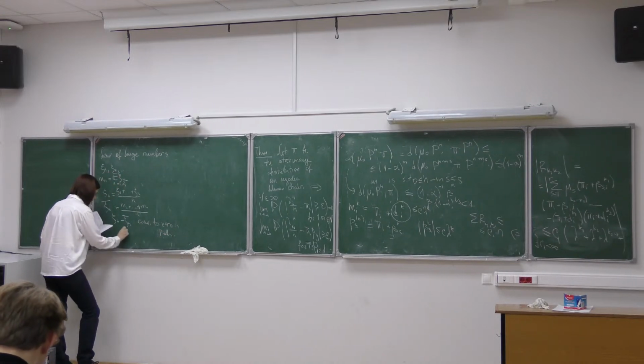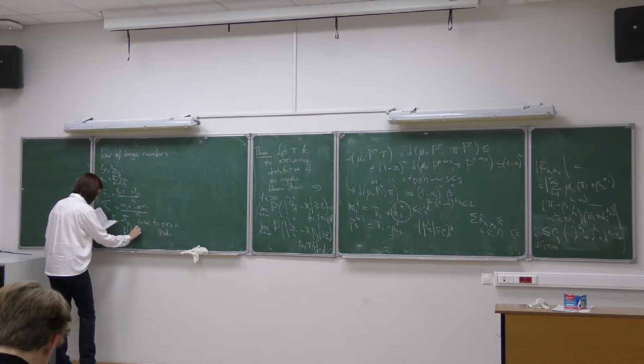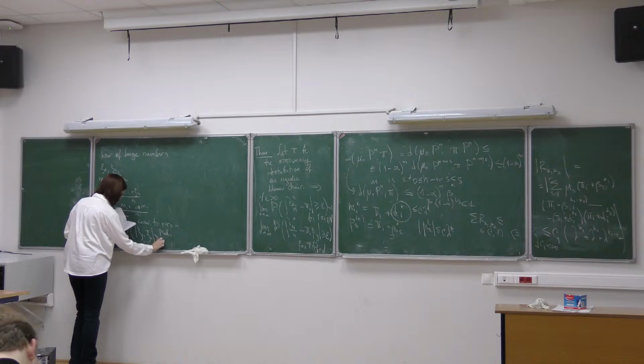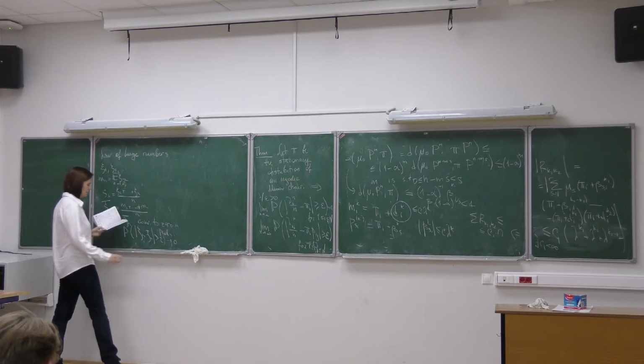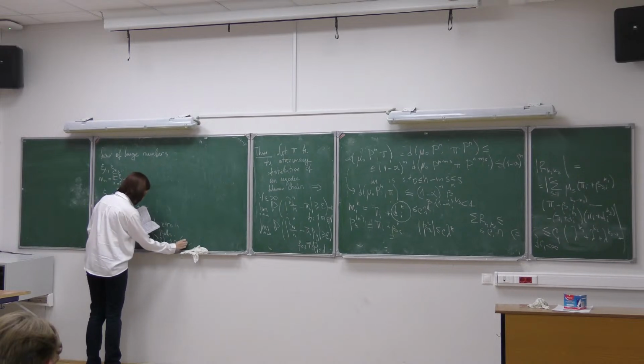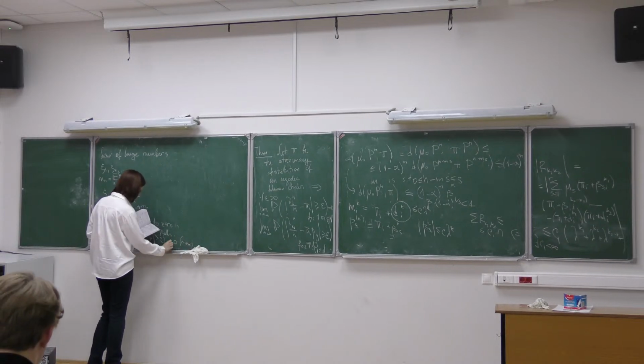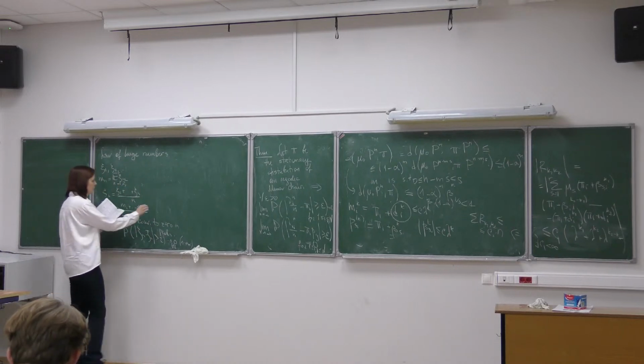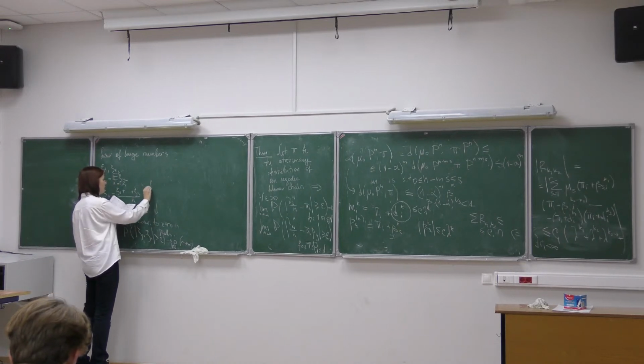So it means that the probability that these differ by more than epsilon goes to 0 when n goes to infinity, for any epsilon. This is the definition of when they satisfy the law of large numbers.